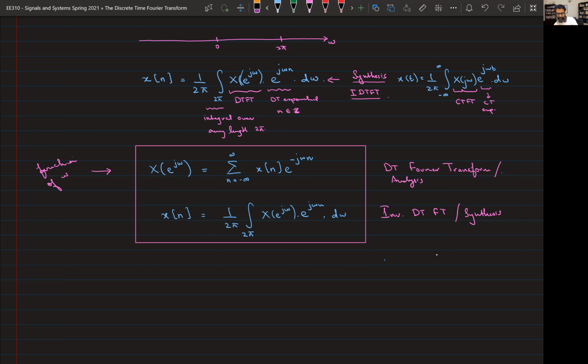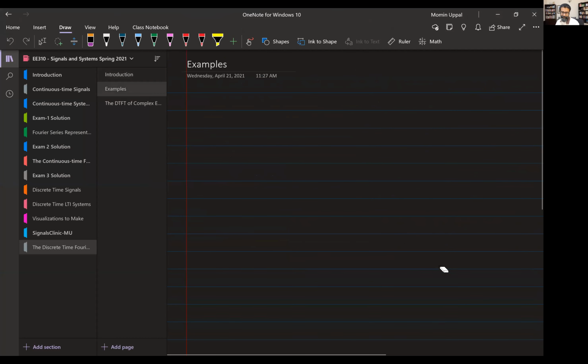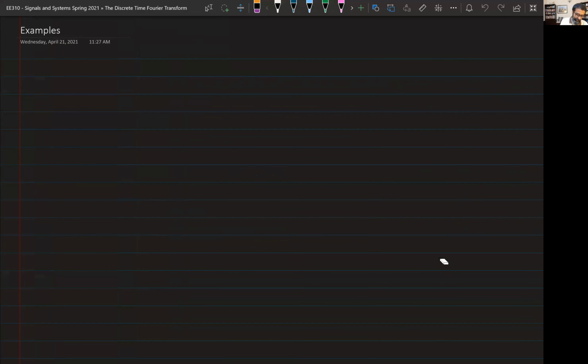So this is the first example. You have a discrete time signal, x of n, a simple signal a raised to power n u of n.